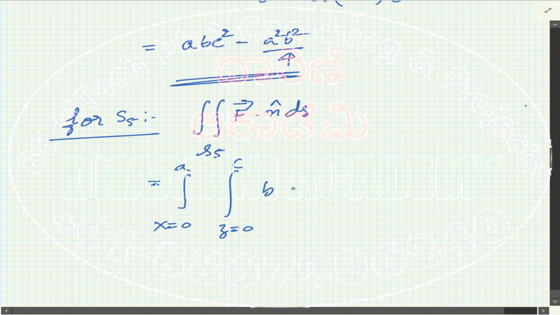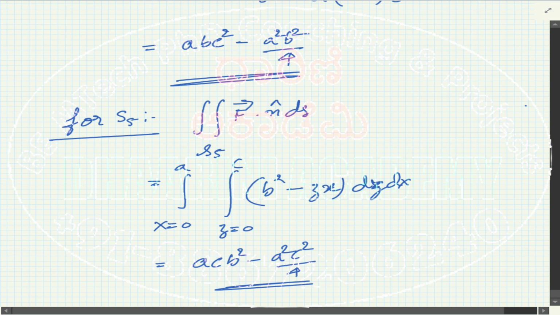So we have the function b squared minus zx, perform dz, then dx. Similar to the previous problem, if we solve, we are going to get a c b square minus a square c square by 4.